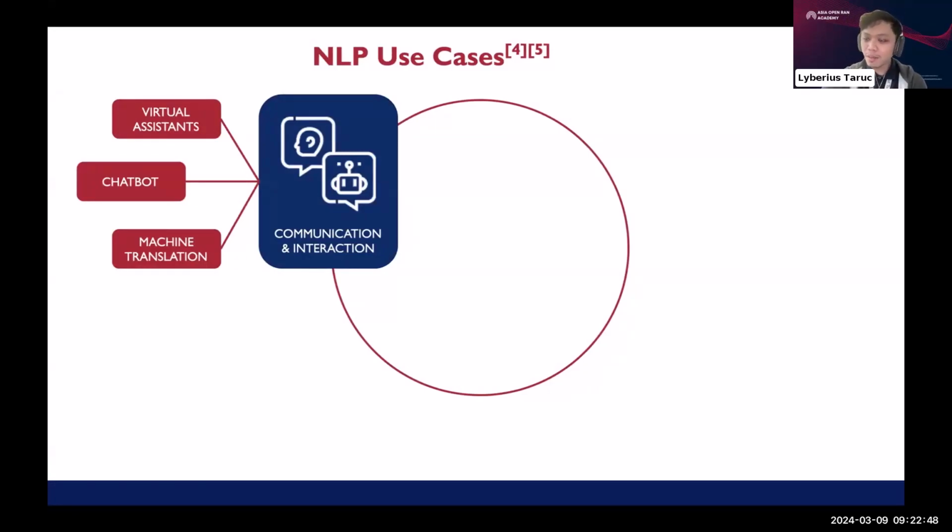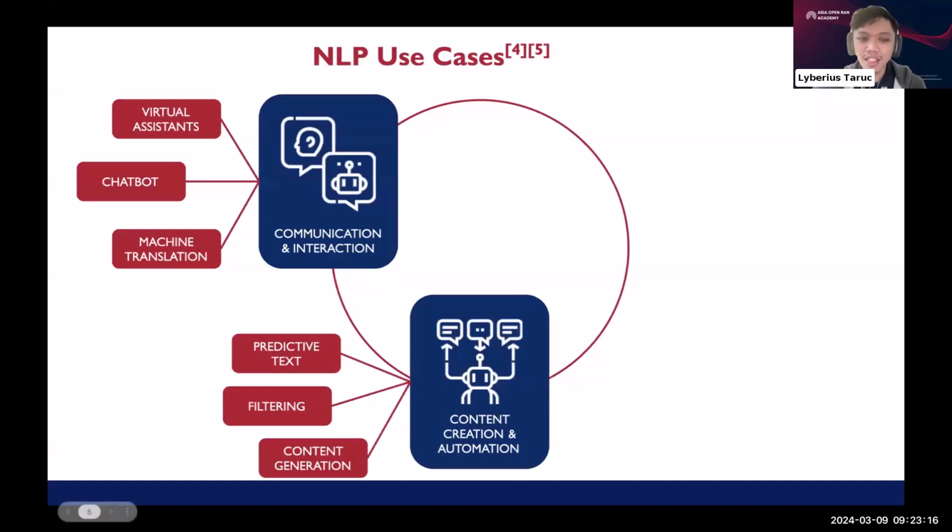We can use NLP as a means to enhance communication and user interaction, not just human to machine, but also human to human or even machine to machine interaction. This is where the majority of use cases of NLP would fall, in the form of your virtual assistants, your chatbots, and even machine translation. More of these later when I go into detail.